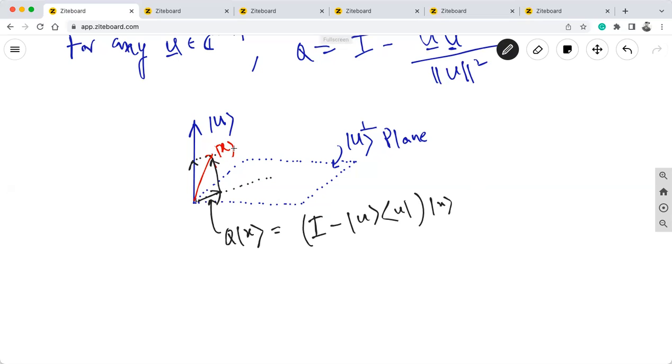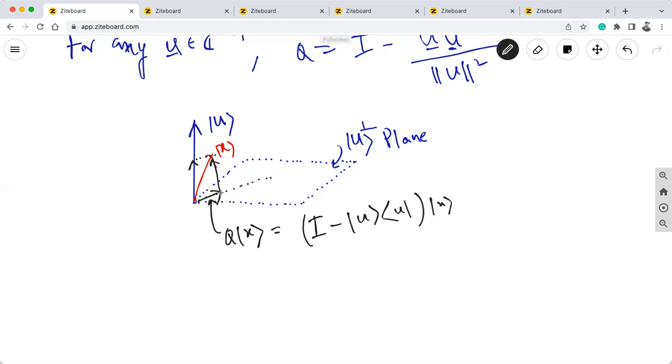This kx can have some different norm. It should not always be a unit vector. It's some arbitrary vector, and you can always take the projection of this kx on the u perp plane, orthogonal to u, whatever be the vector that connects the origin to this particular point.